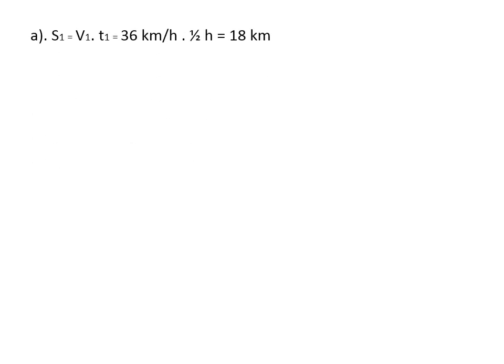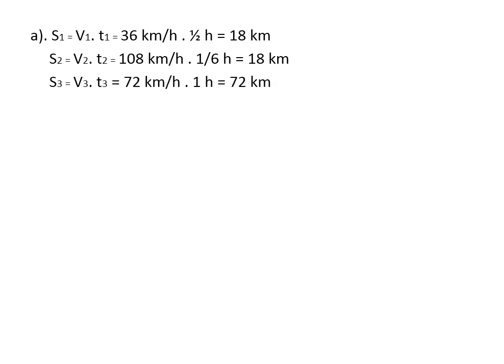And here we know that s1, distance 1, equals v1 times t1 equals 36 km per hour times half an hour equals 18 kilometers. And for s2, v2 times t2 equals 108 km per hour times 1 per 6 hour equals 18 kilometers too. And for s3 equals v3 times t3 equals 72 km per hour times 1 hour equals 72 kilometers.